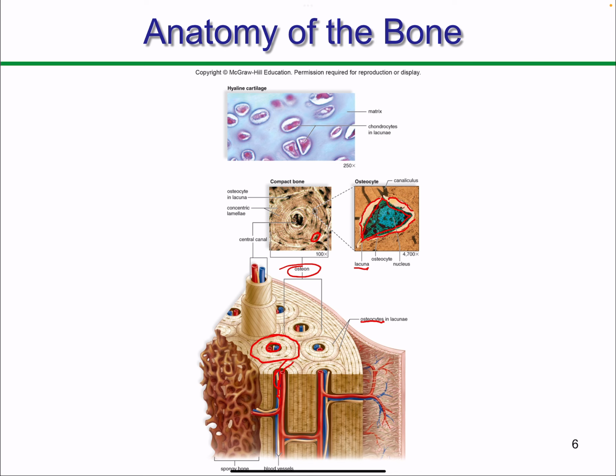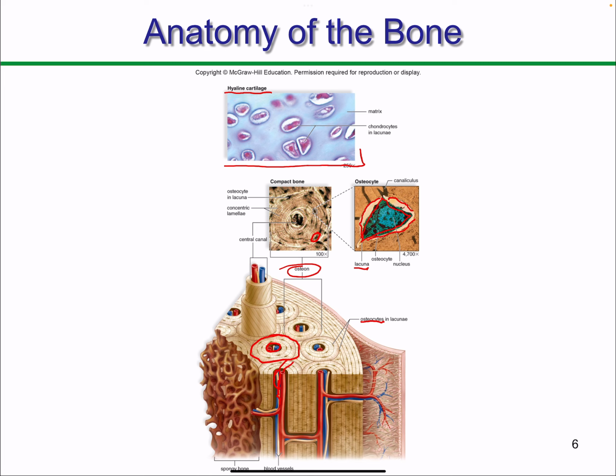Now, the bone develops out of cartilage, and specifically hyaline cartilage. So here we have a micrograph of hyaline cartilage, and if you remember what we said about the cartilage tissue, we said that it was a connective tissue, right?